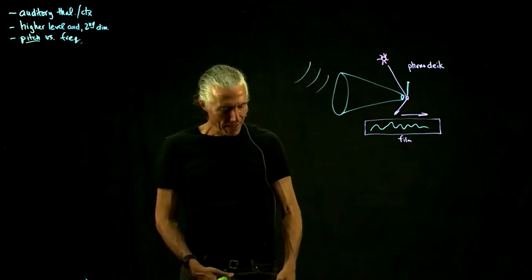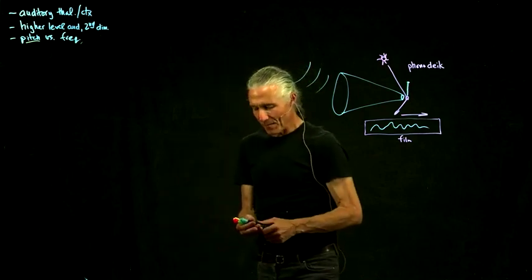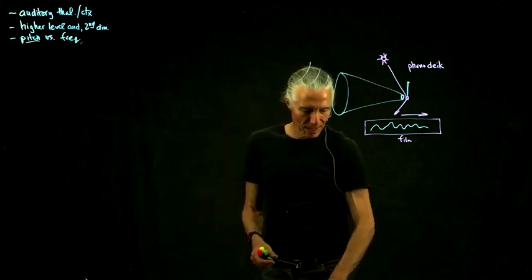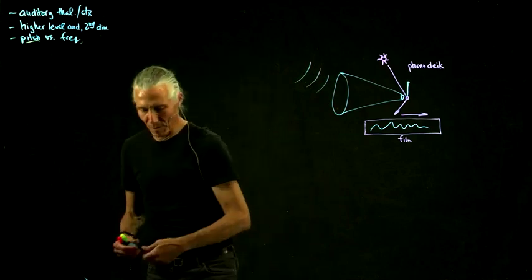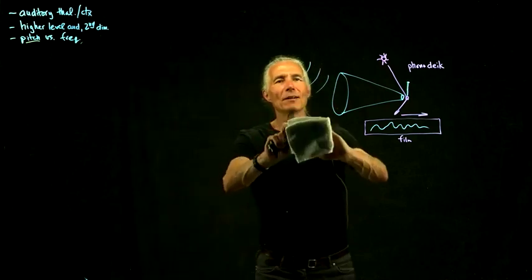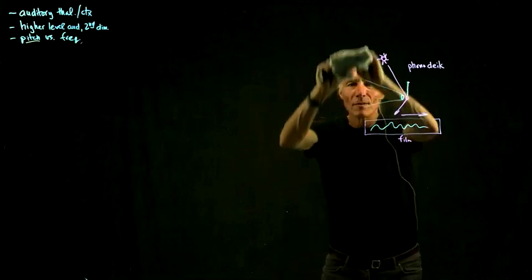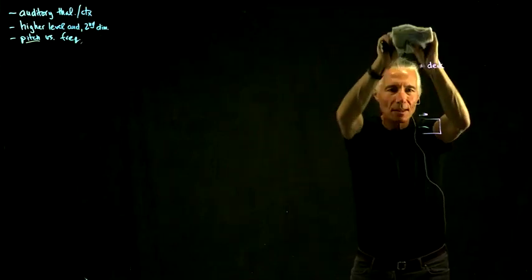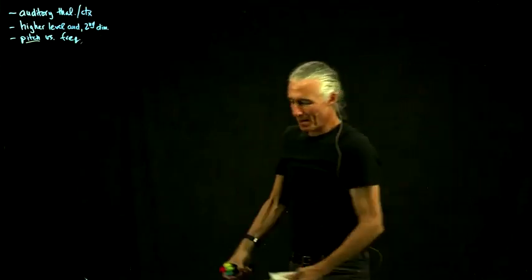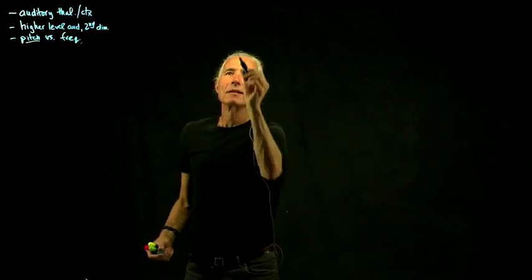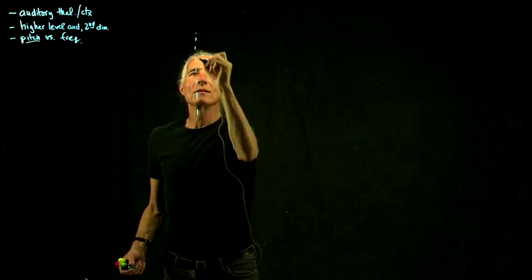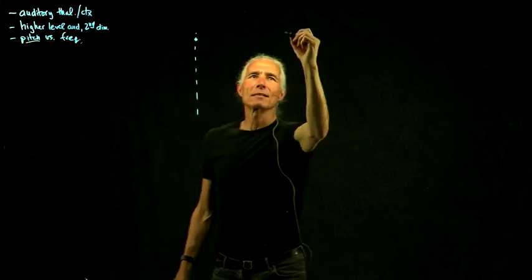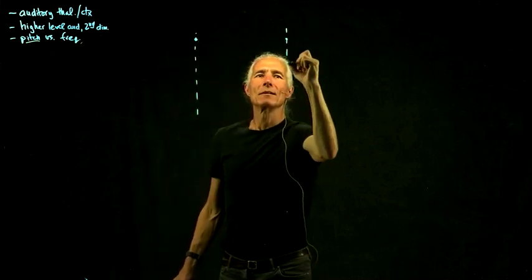It turns out if you look at any kind of physical object, the simple example would be a guitar string. If you pluck a guitar string, so here's the guitar string attached here and here.